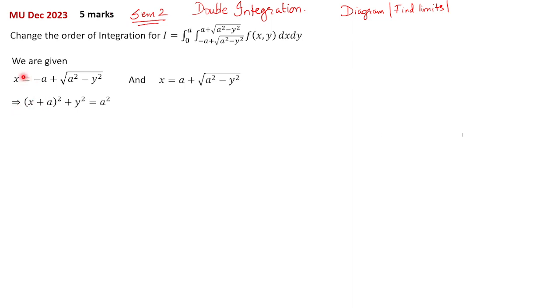we see that x equals minus a plus square root of a square minus y square will give you (x plus a) the whole square plus y square equals a square.